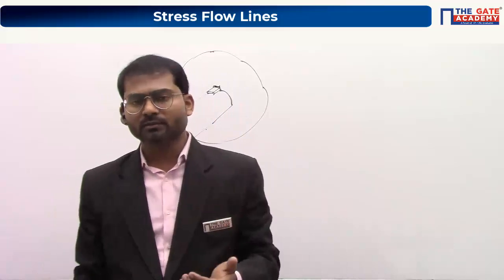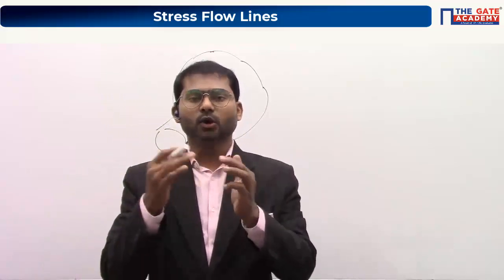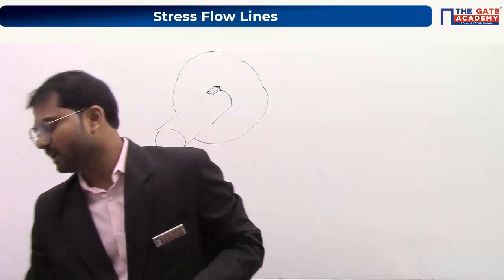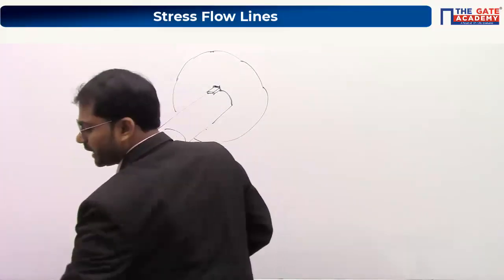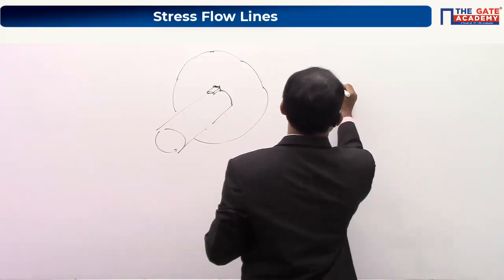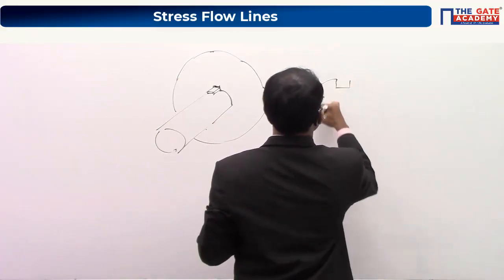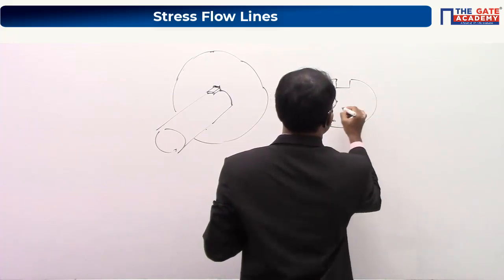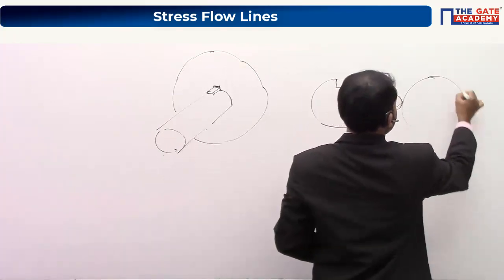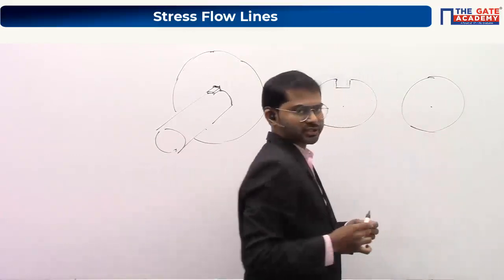There is a problem due to the introduction of this keyhole and key. Due to the keyhole, the shaft will have a cross-sectional area like this. We ideally expect the shaft to have a cylindrical circular cross-section.